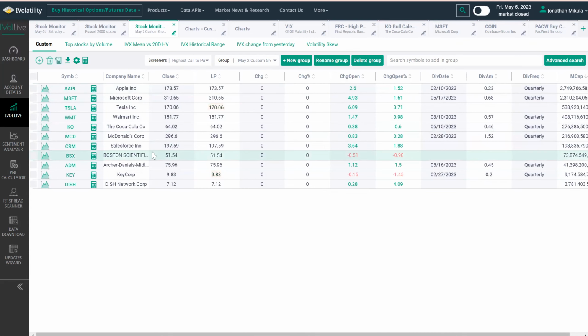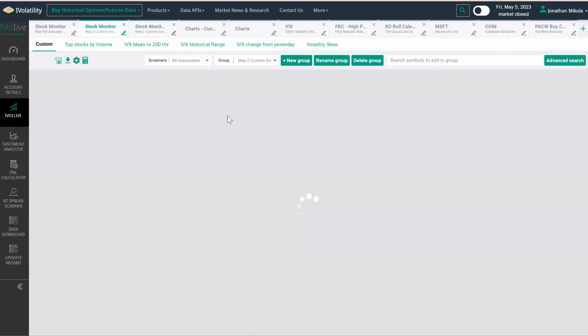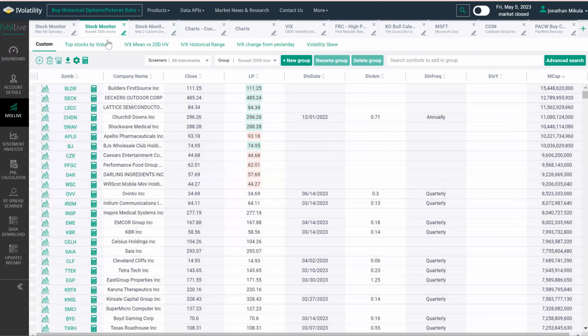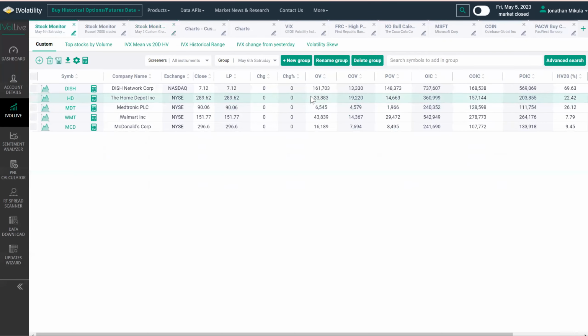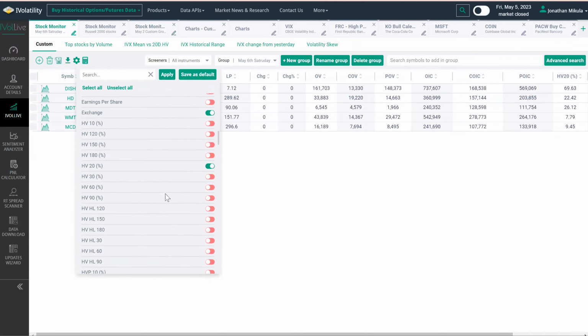For these mega caps, they all have pretty large market caps, but still you're able to sort very quickly. Like if you had some smaller stocks in here, maybe from the Russell 2000, for an example, you could filter accordingly. And actually that's what we had over here. We were filtering through the Russell 2000. So all sorts of interesting things you can add using this column setting for your custom group.